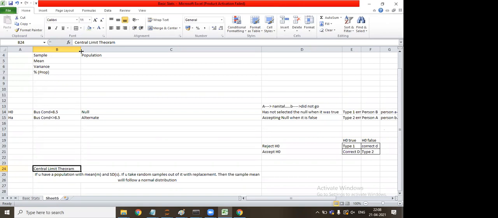It means it's applicable to any population. Take at least 30 samples of sufficiently large size with replacement. Even if the population is not normal, the samples that we have been taking will start following a normal distribution.